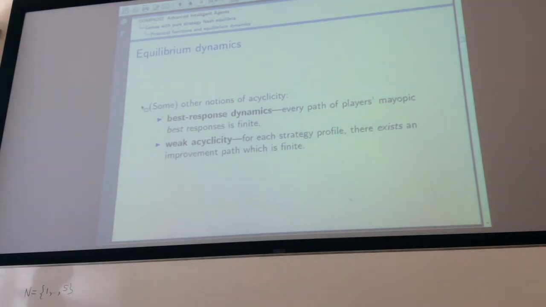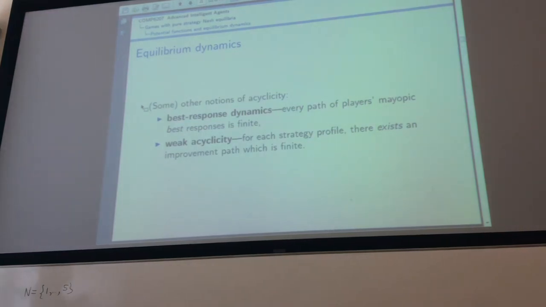Best response dynamics or better response dynamics may cycle, but there exists some improvement path that converges from every given profile. Okay. That is still stronger than just existence of a Nash equilibrium, but here you would need to find a particular path that leads to it. Okay. And we will see examples of such things.